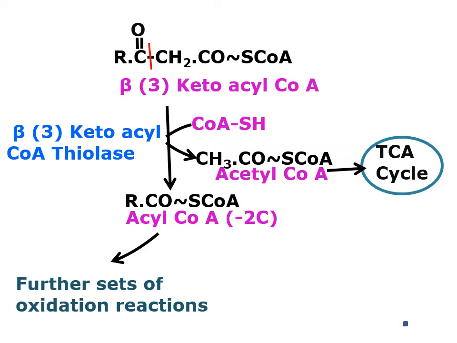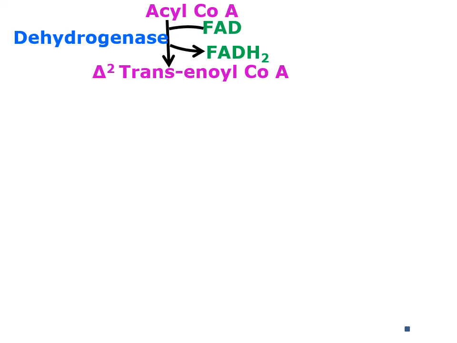So what happens to this acetyl CoA? You want energy. That is why oxidation takes place. So it enters the TCA cycle and it will give energy. So I repeat once again, acyl CoA is converted to trans-enoyl CoA. Enzyme is dehydrogenase, enters the electron transport chain, and 1.5 ATP is produced.